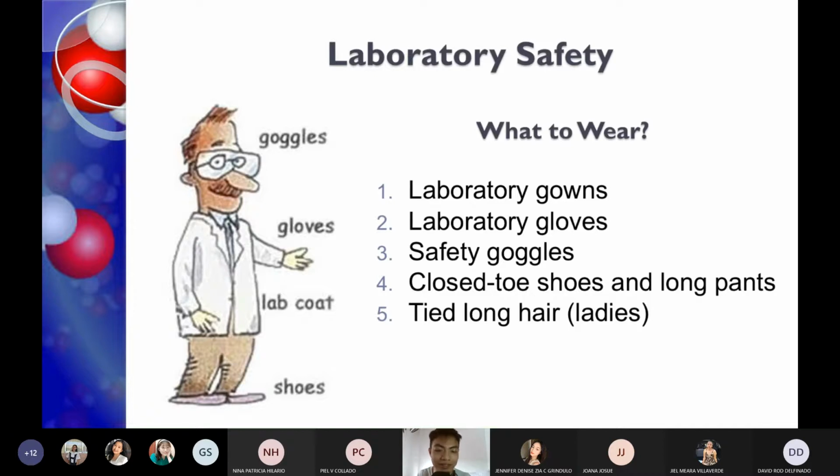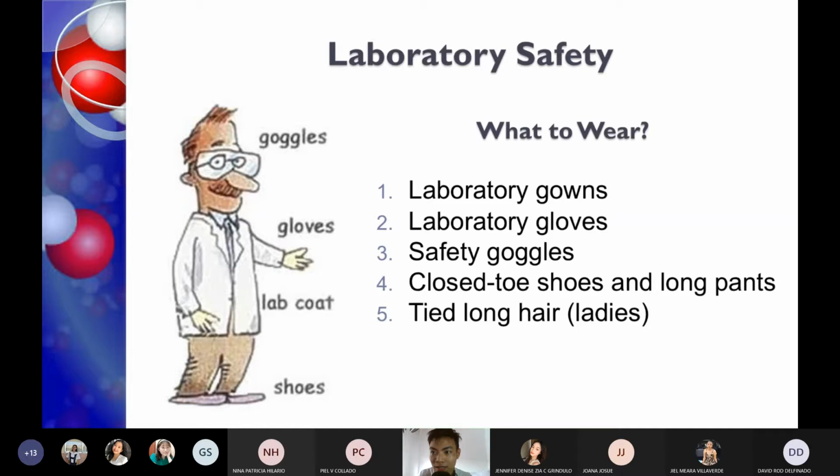In medtech, it is the same, because you are dealing with human chemicals, like serum from humans, where you don't know whether there is a disease or not. Especially during these times of COVID-19, you really need to wear PPE, because even a single droplet splashing on you may cause you harm.